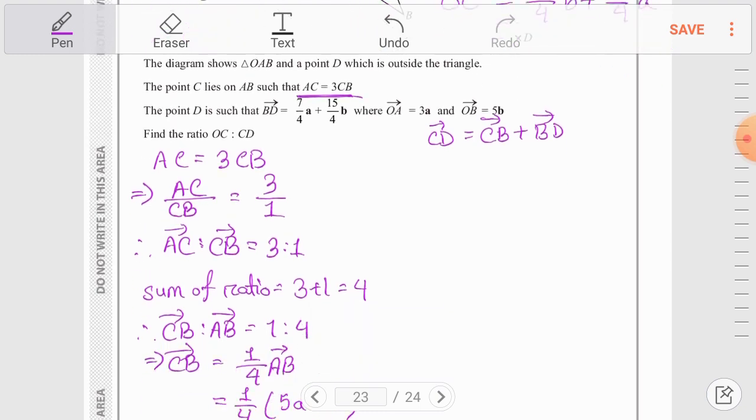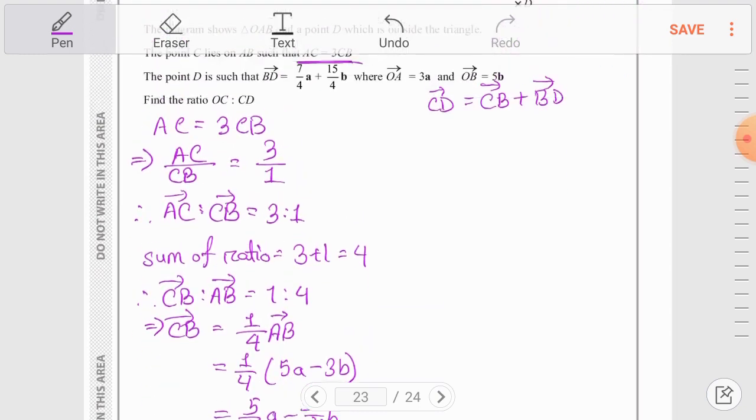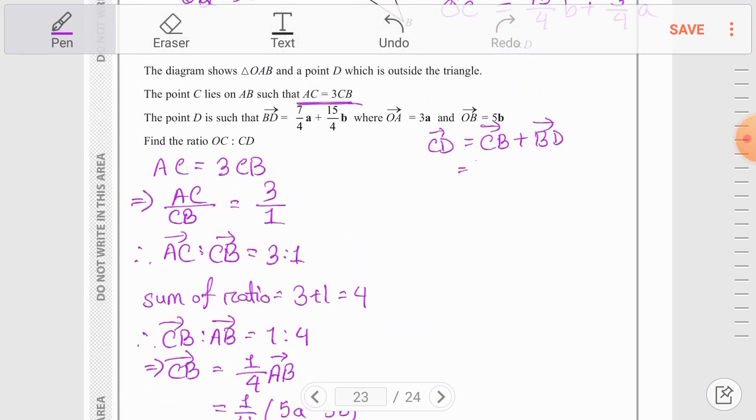The value for CB was 5/4 b minus 3/4 a, plus the BD value was 7/4 a plus 15/4 b. And if you add these things, it would be a plus 5b. So the value of CD is also available now, and the value of OC is also available.